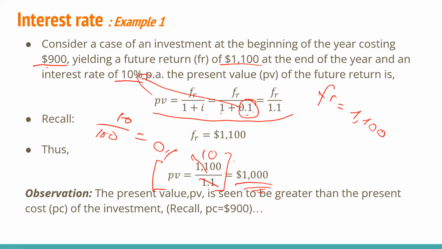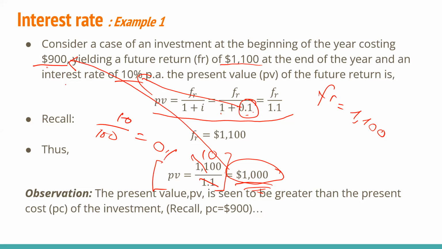So it is this 1,000, the present value of future investment, that will be compared with the cost of investment. And if it is more, as you can see, the present value is greater than the present cost of the investment.